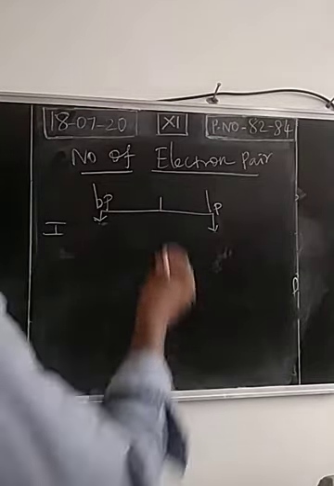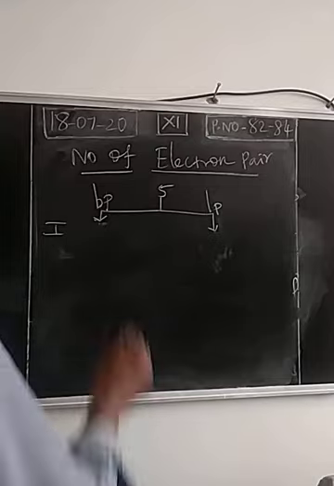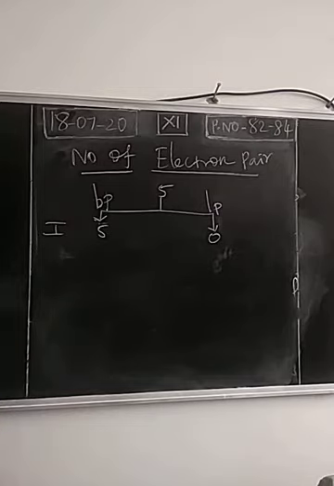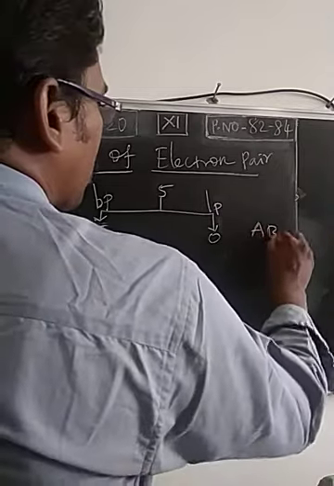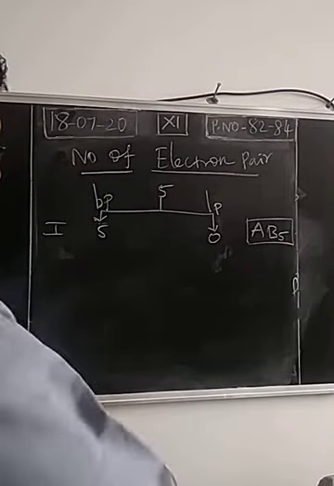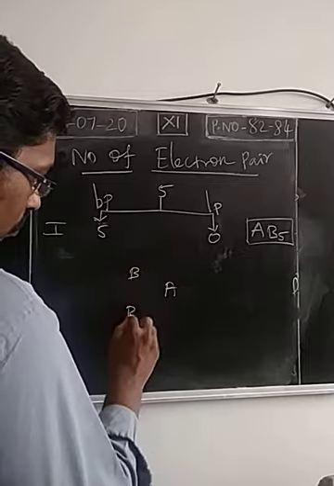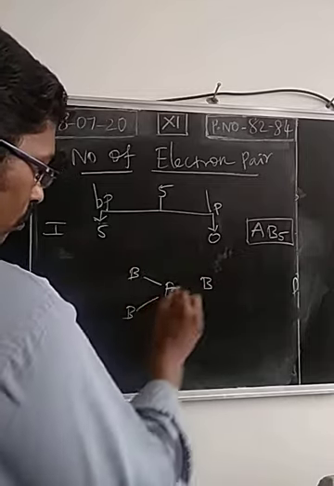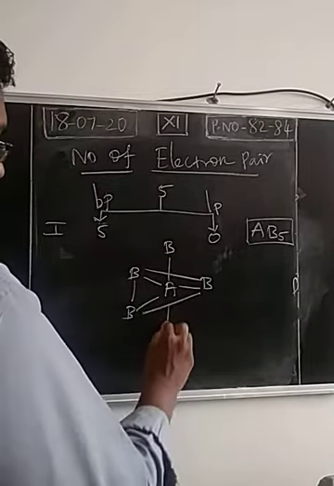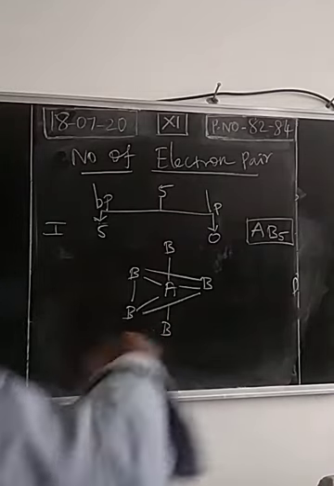Next, 5. Around the central atom in a covalent molecule, if 5 electron pairs are present, first possibility, all the 5 electron pairs may be present in the form of bonded pairs. So formula can be written as AB5. So for 5 electron pairs around the central atom in a molecule, what will be the expected geometry?